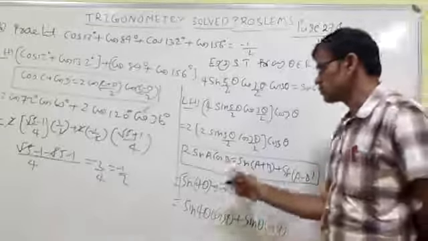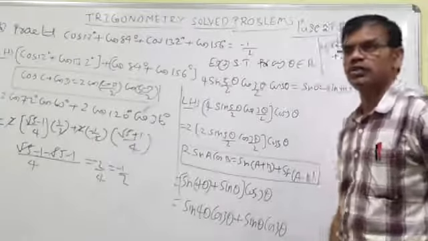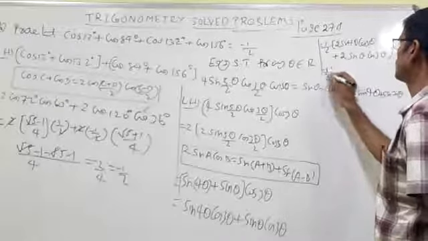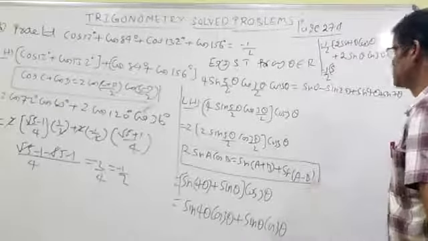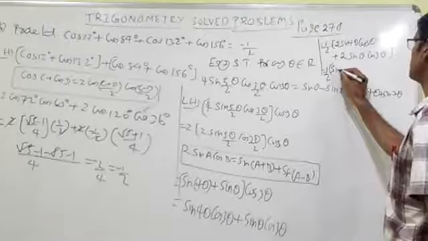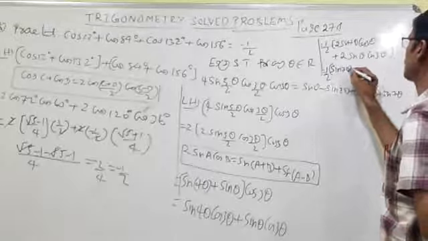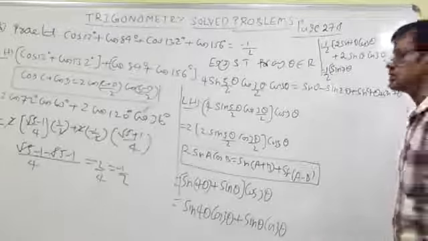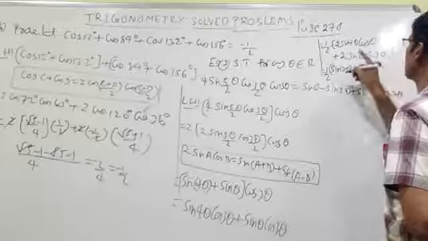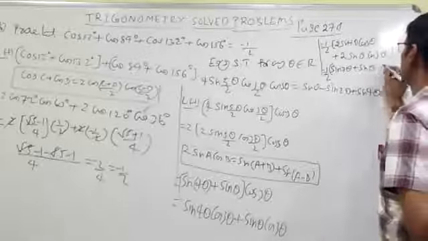Apply the formula 2 sin A cos B is equal to sin of A plus B plus sin of A minus B. So 1 by 2 overall taking common, and it becomes sin A plus B plus sin A minus B. So sin A plus B, sin 4 theta plus 3 theta becomes sin 7 theta. Plus sin A minus B, here sin 4 theta minus 3 theta becomes simply sin theta.